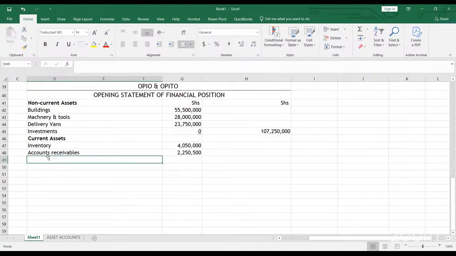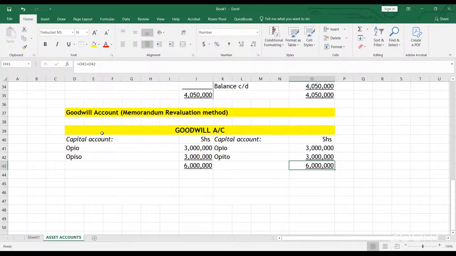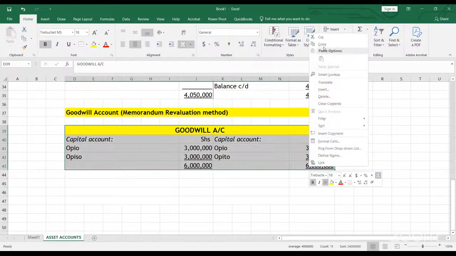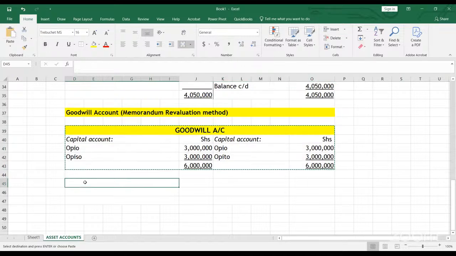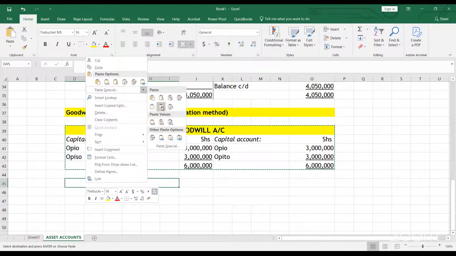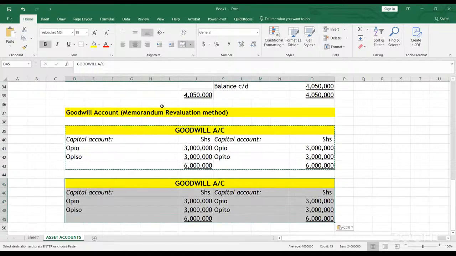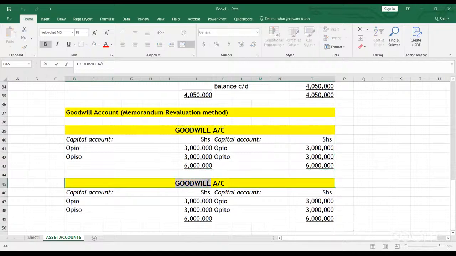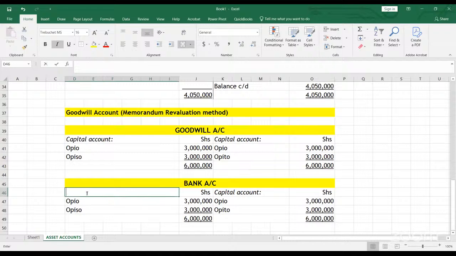Then we have bank, but I think we need to come up with a bank account because we have some details about the bank. Money has been paid, money has been received. Let me come up with a bank account here very fast, and then we see what happened in the different transactions in the business's bank account. What was the opening balance?